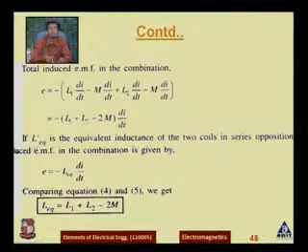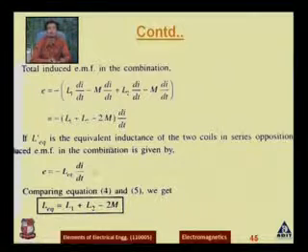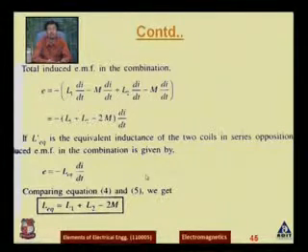If L equivalent is the equivalent inductance of two coils in series opposition, the induced EMF is E is equal to minus L equivalent dI by dt. So comparing these equations, we get that if we are connecting in series, L equivalent is equal to L1 plus L2 minus 2M.